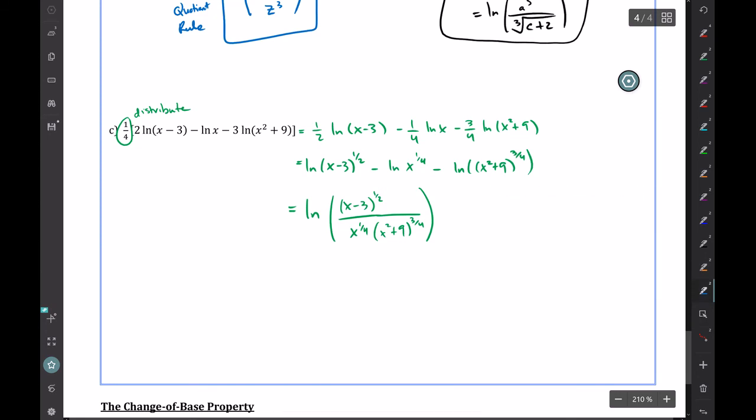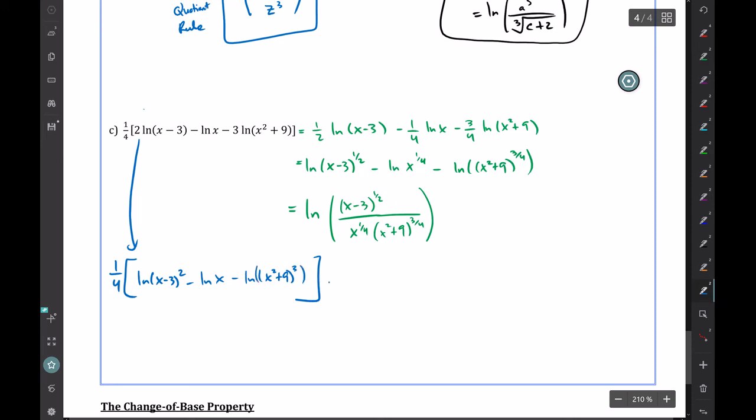I said that you could do it a different way, and the different way would be don't distribute right away. If you don't distribute right away, then you have this 1/4 hanging around for a long time. But you could write this as ln of (x-3) squared, minus ln of x, minus ln of (x²+9) cubed.